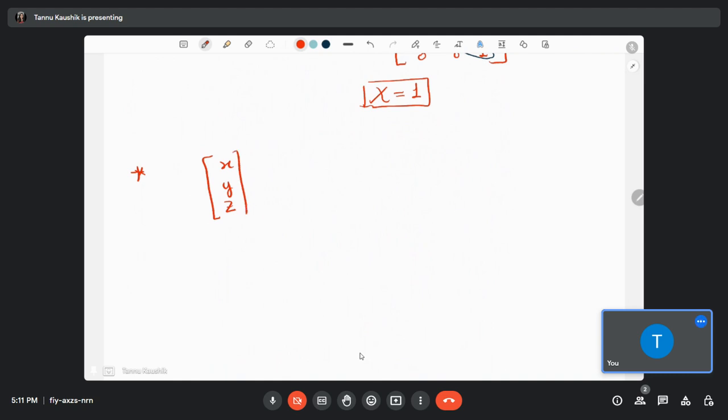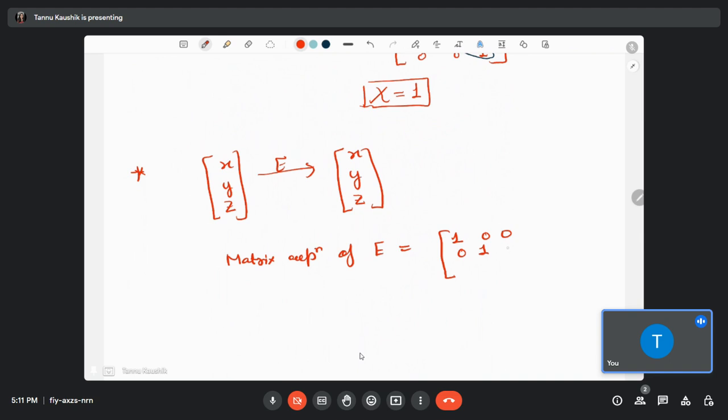And if we apply identity operation on this xyz coordinate, what will we get? We won't get any changes because this is the unity operation. So there will be no changes, and the matrix representation of this identity symmetry element is 1 0 0 0 1 0 and 0 0 1.